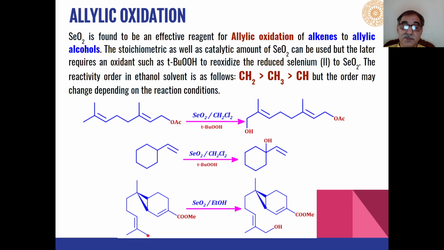So this is primary, this is primary, this is secondary, this is also a secondary allylic position. So this or this position, they are similar or symmetrical, so out of these two, one is oxidized to the hydroxyl. So we will get allylic alcohols as the product.